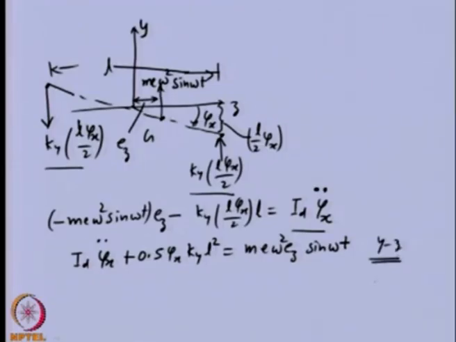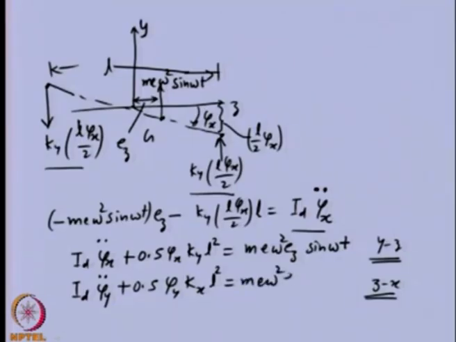Now, a similar expression we can get in the z-x plane, that we can write directly now. In that particular plane, the angular displacement is about the y axis, and so these expressions can be written with E z, then instead of sin omega t, cos omega t will come here.